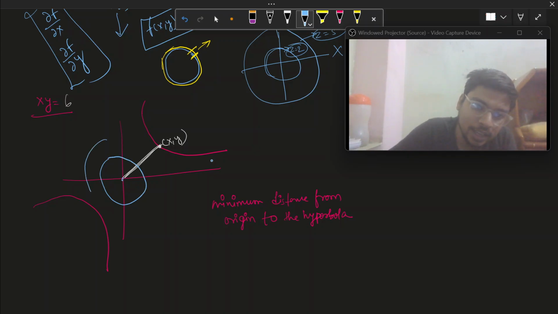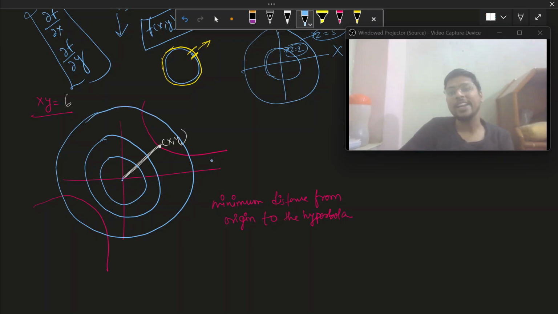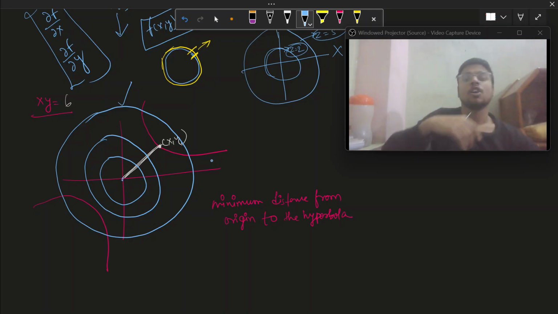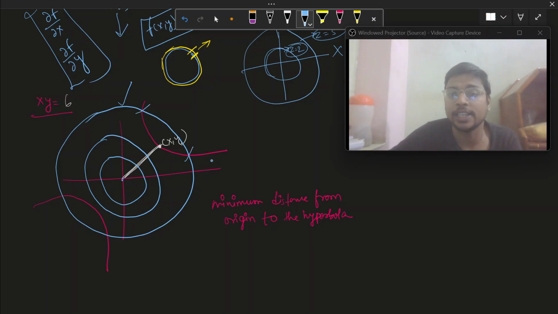Here it is like a circle. When we draw this larger circle, we have four intersection points, and when we draw this smaller circle, we have no intersection point.